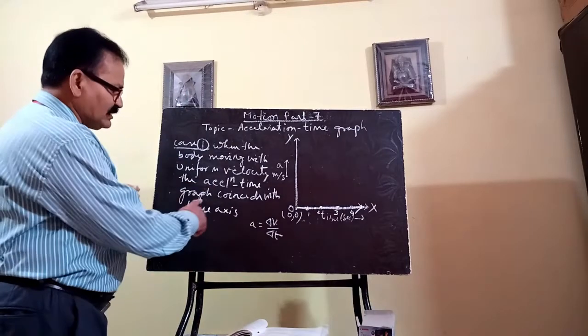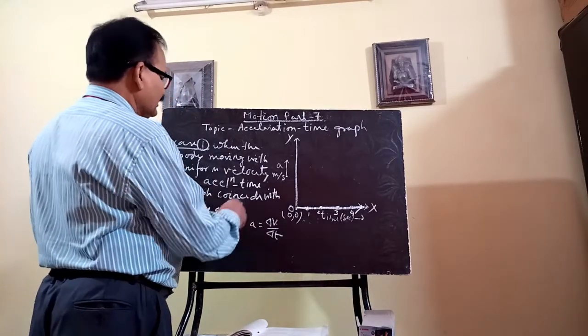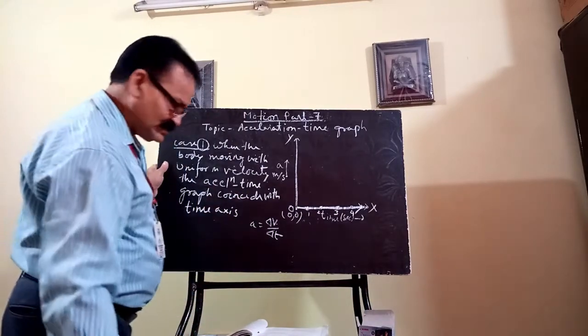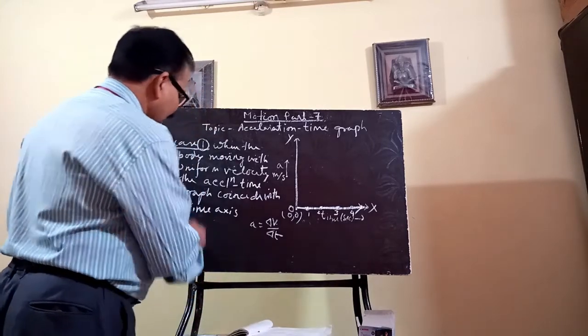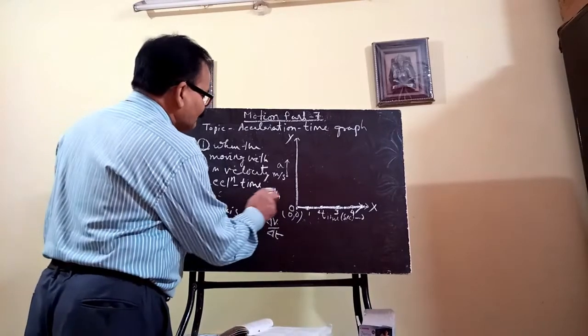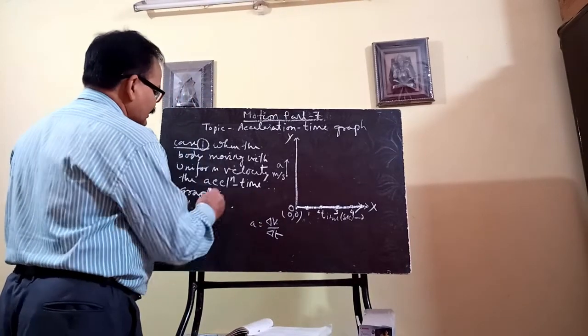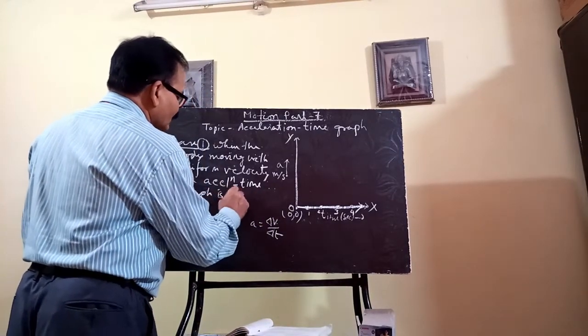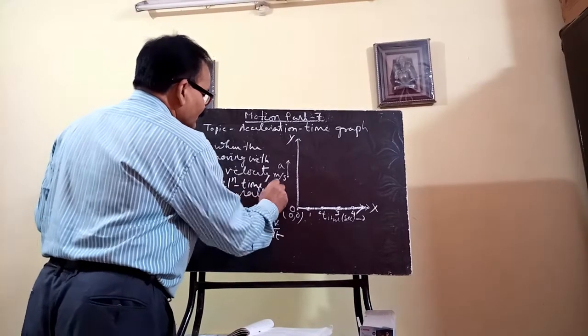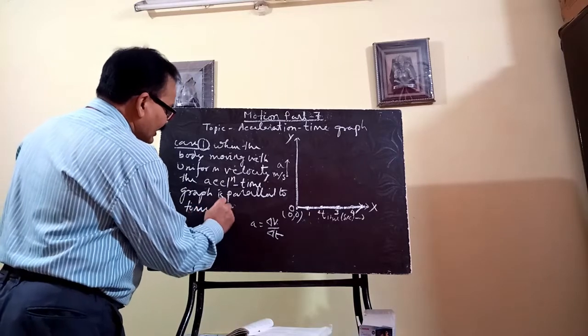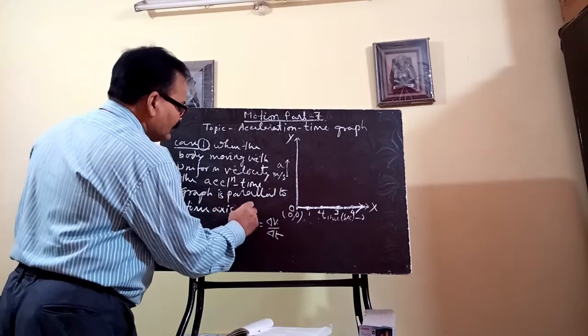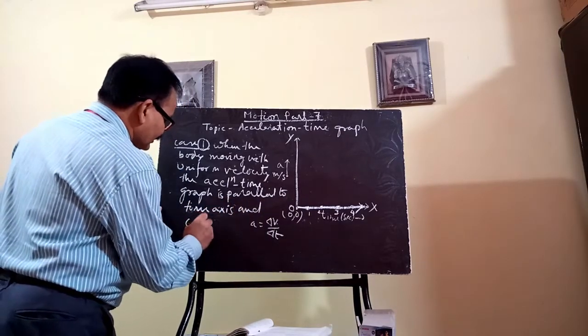You can write: acceleration time graph is parallel to time axis and coincides on it.